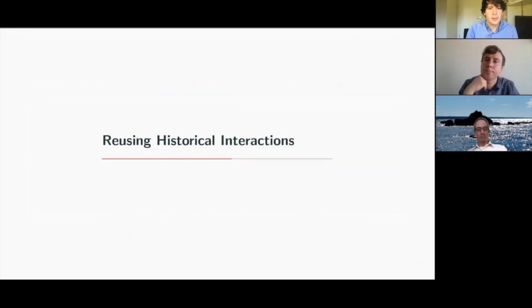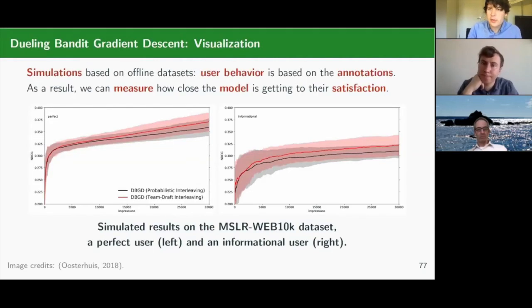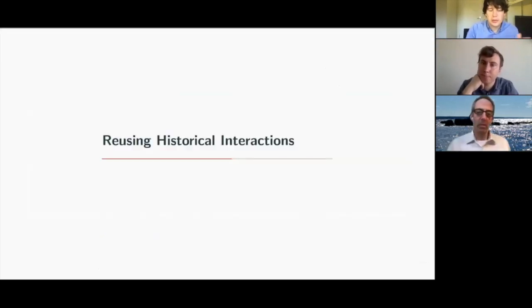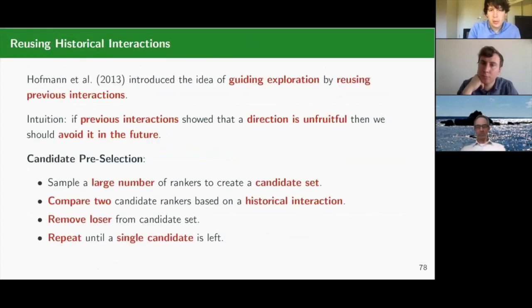All right, so this method really forms the basis of the field. This started about 10 years ago, and most work continues here. So one example is this work on reusing historical interactions from 2013, where the idea is we should look at our past interactions, our experience so far, and use that to guide exploration.